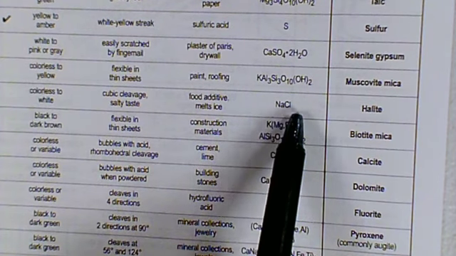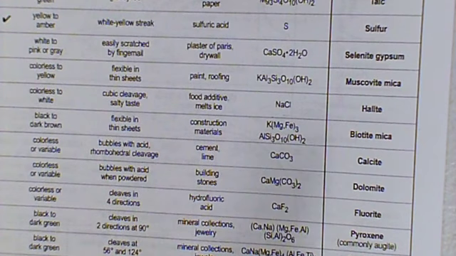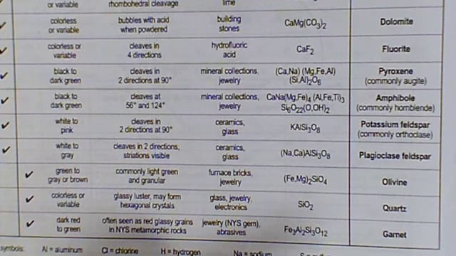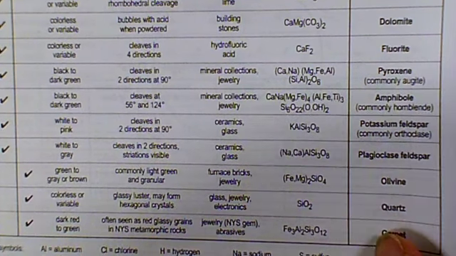Halogens are chlorine, fluorine, okay? Those are our halogens. So another halide would be here, fluorite, CaF2, okay? Do I see any more?